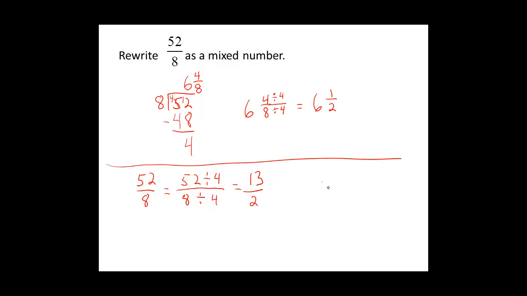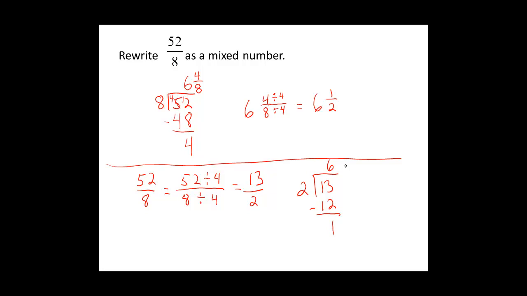We'll put the numerator inside of the division symbol and the denominator outside. What times 2 gives me something close to 13 without going over? 2 times 6 is equal to 12. We subtract and we get a remainder of 1.